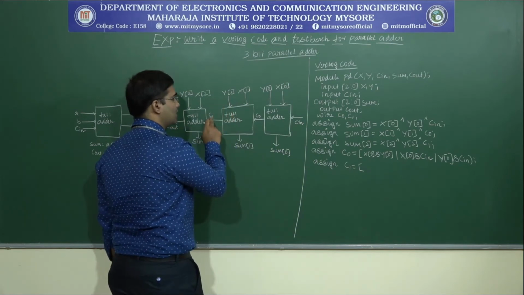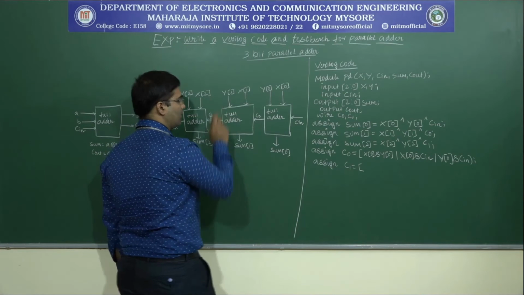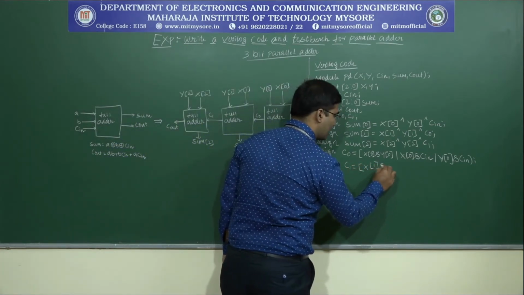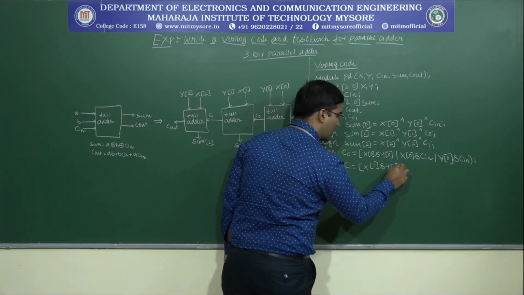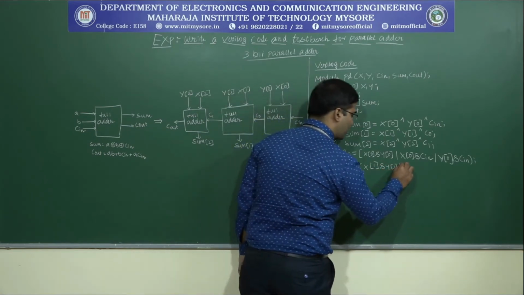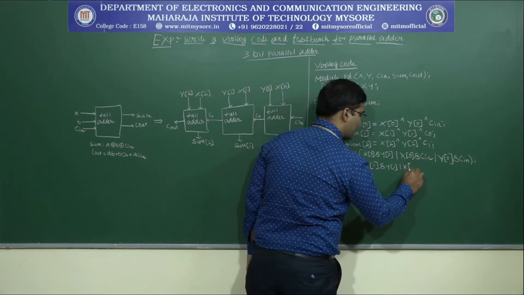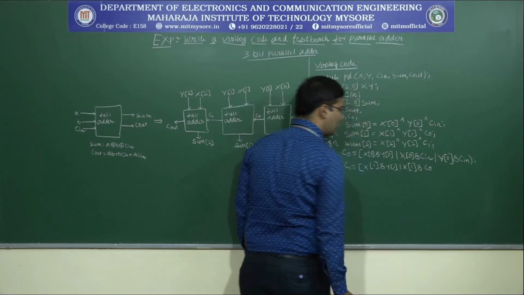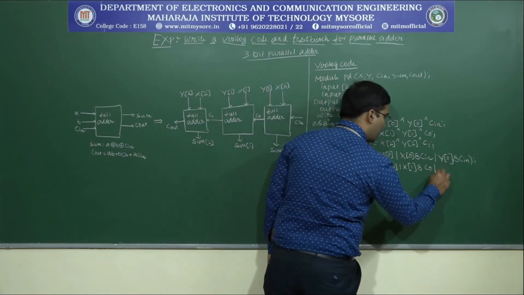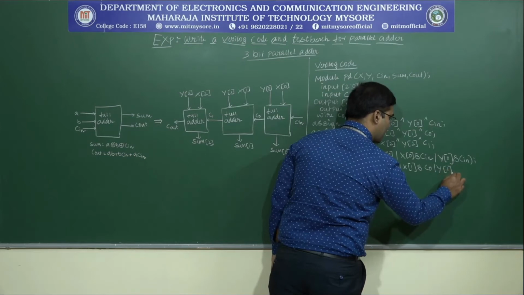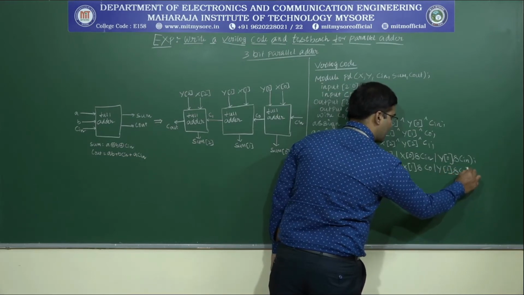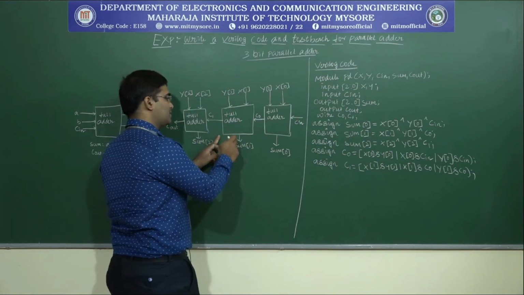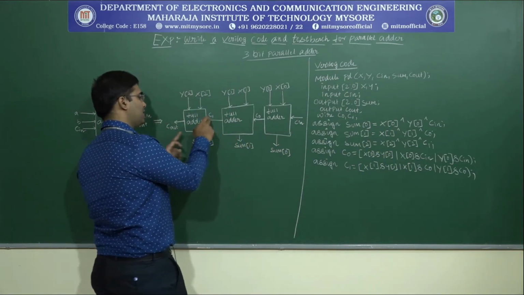So assign C1, what we have is X1 and Y1 ORed with X1 and C naught, ORed with Y1 and C naught. So this is the second expression with respect to the output of C1.